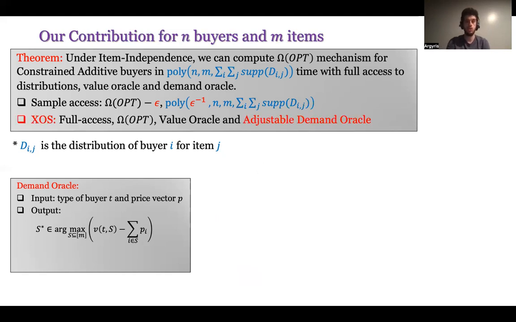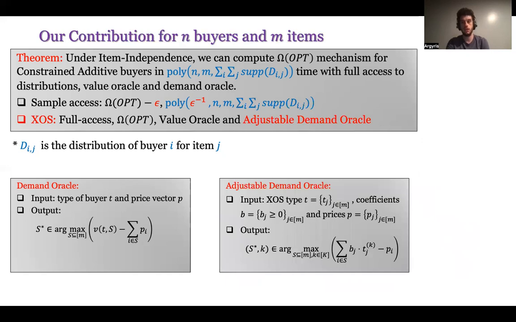Finally, we show how to extend the results to XOS buyers. When Bayesian valuations are XOS, we assume access to the standard value oracle and a generalization of the demand oracle, the adjustable demand oracle. The adjustable demand oracle is a stronger and more general oracle than the demand oracle.